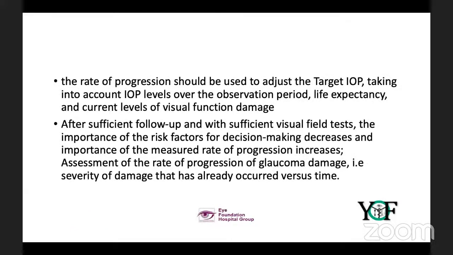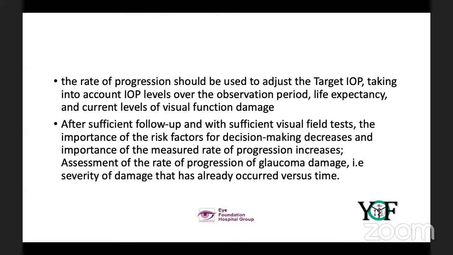The rate of progression should be used to adjust the target intraocular pressure, taking into account the pressure levels over the observation period, the life expectancy of the patient, and current levels of visual function damage.